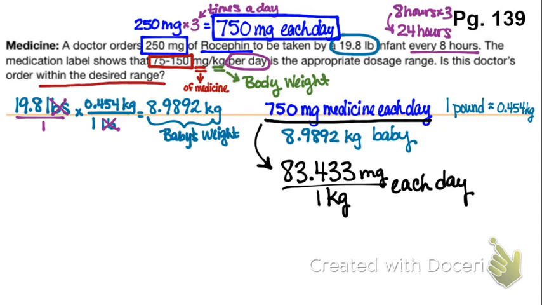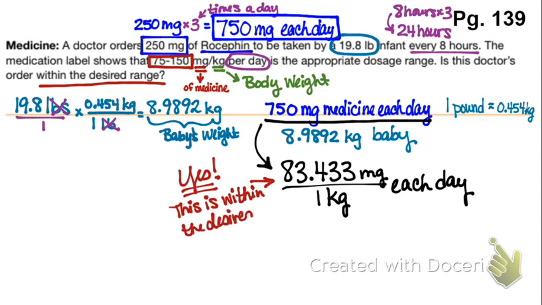Within the desired range. Too small, not effective. Too much, overdosing, and then definitely ineffective. Right there in that sweet spot.